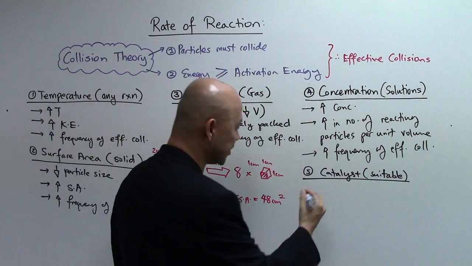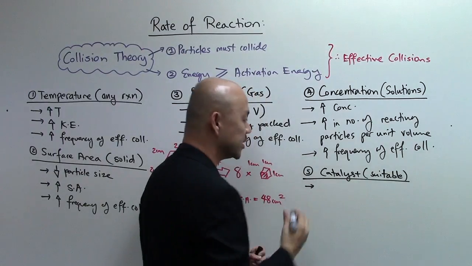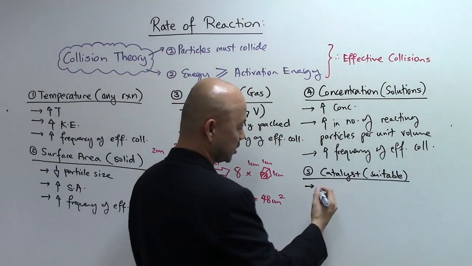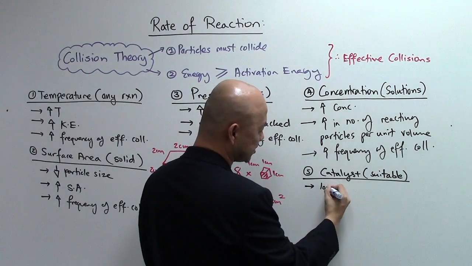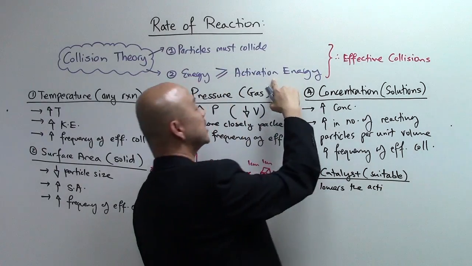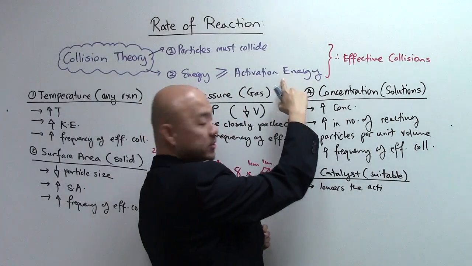Now, catalyst, what happens? You need to know the definition. A catalyst is a substance which lowers the activation energy. You still remember that is the obstacle that we need to clear.